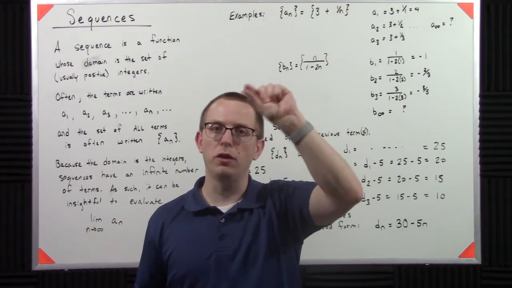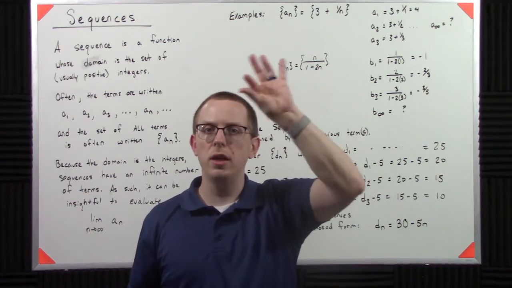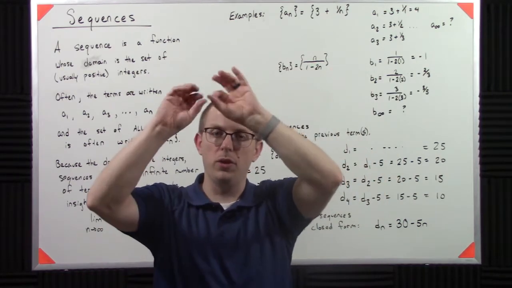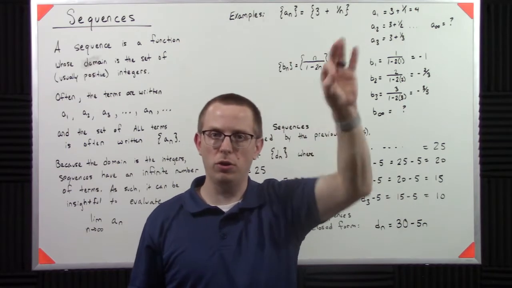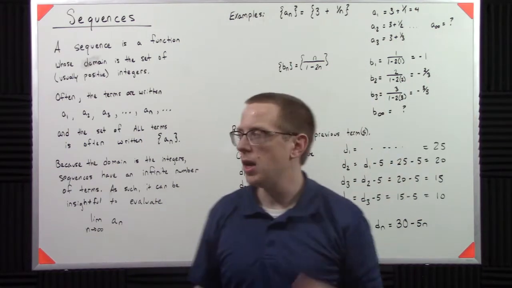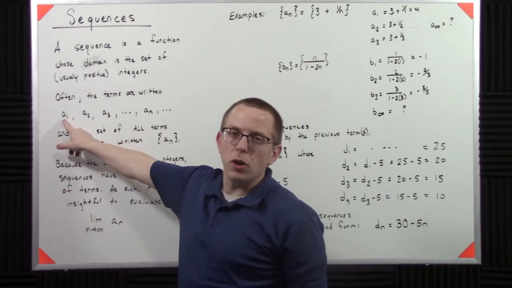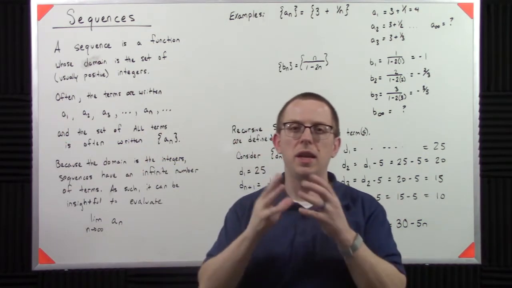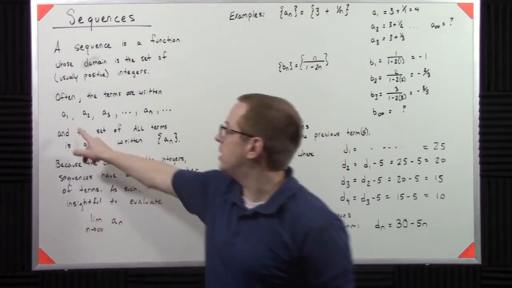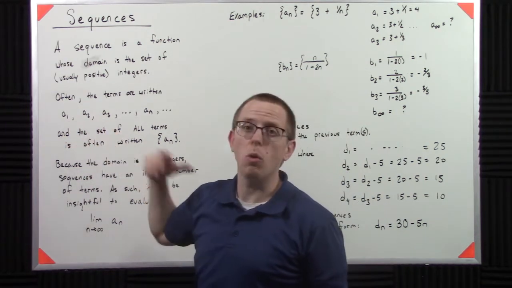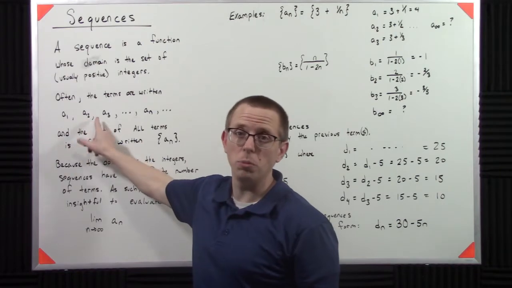If we take a look at the function outputs there, we can think of them as a list. We have a term at 1, at 2, at 3, at 4, at 5, at 6. We write those terms as the first term. If the sequence is called A, we'll say it's A1, A2, A3, or the first term, the second term, the third term.